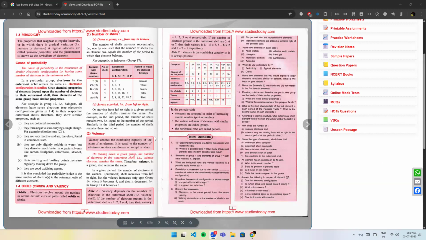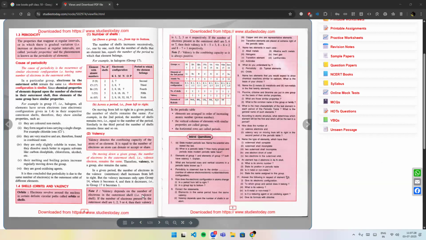In a given period, the number of electrons in the valence shell increases from left to right, but the valency increases only up to group 14, where it becomes 4, and then it decreases, that is, in group 17, it becomes 1.